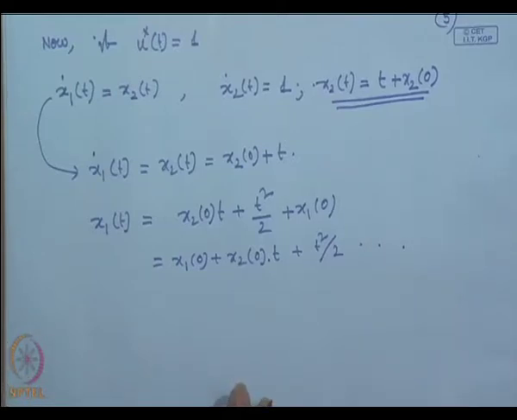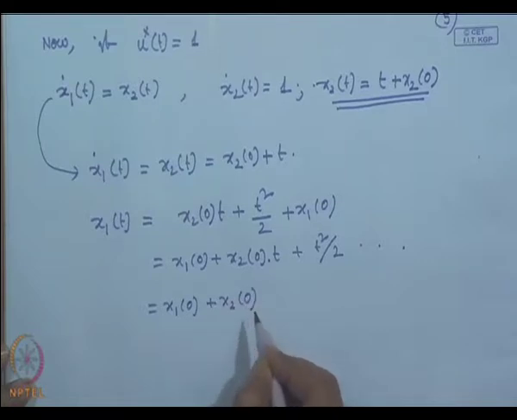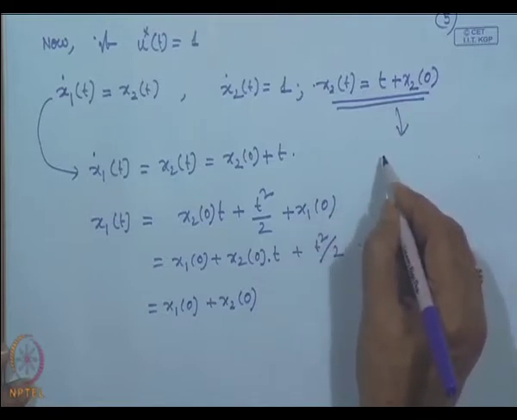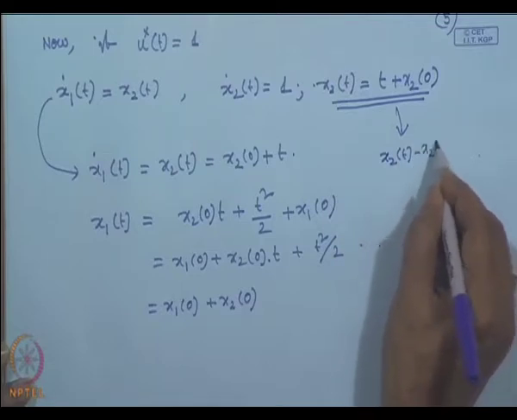Now this I can write as x 1 of 0, the initial condition of the state, plus x 2 of 0 and t. What can we write for t from this expression? You see, t is x 2 of t minus x 2 of 0.